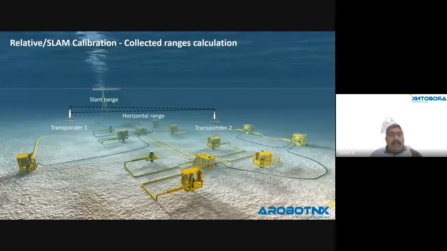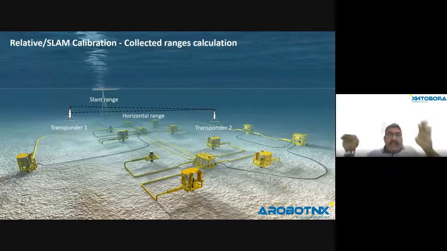But what is important is you might not know that one transponder might be slightly high and the other transponder might be slightly lower. So that's one of the things we should keep in mind, how much it is, because nowadays the transponders have more sensors inside. They have an accelerometer, sound velocity, so many things. You can add more sensors on board.